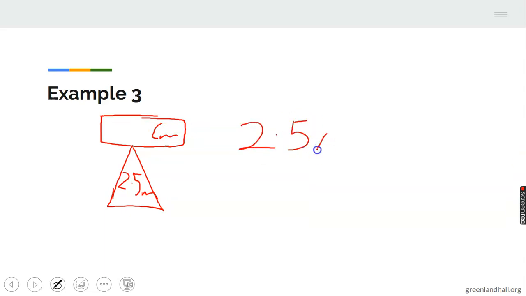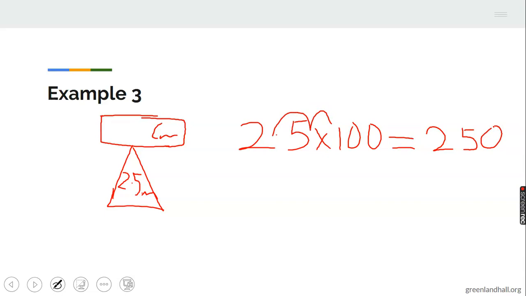That will be 2.5 multiplied by 100. And this will give us, you move the decimal point 2 places. That will be 1, 2. So that will be 250 centimeters.